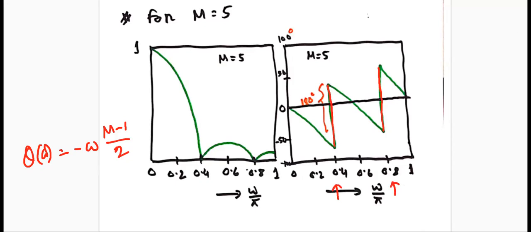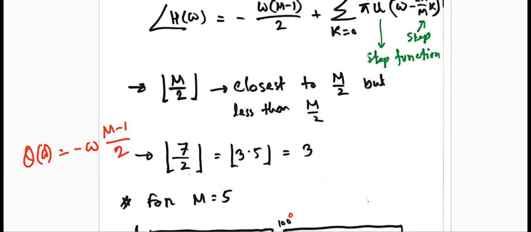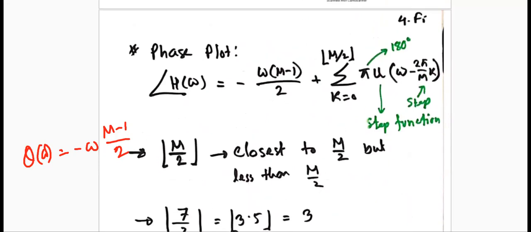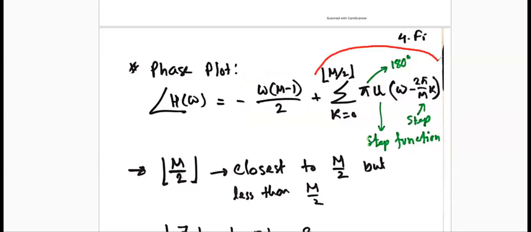To incorporate those things, the 180 degrees at a particular moment, we can represent the equation like this. Please concentrate on this point. So this is our phase we are talking about, minus omega times (M minus 1) divided by 2. That is our phase response. Now in this part, we need to add pi.